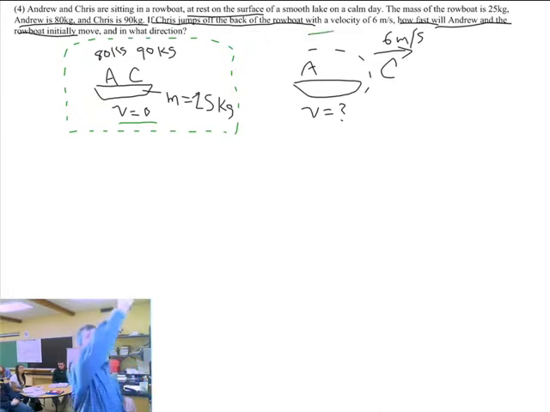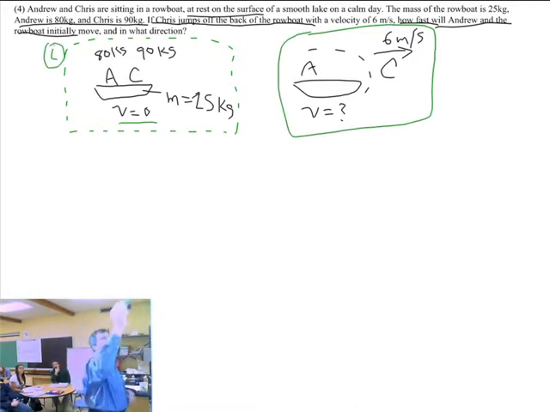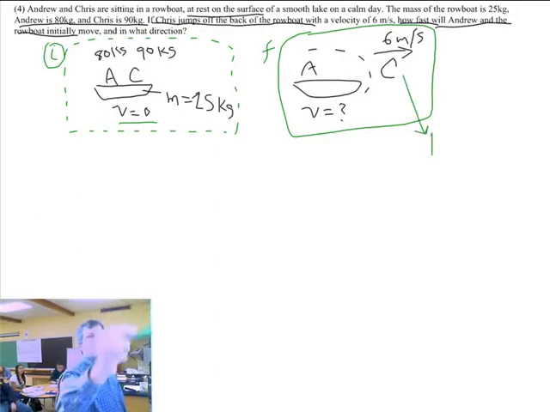So maybe this is going to work for an initial moment. Let's see what would happen if we call this the final moment. Well, since I know Chris's mass, I know I can find the final momentum of Chris. That's going to be a known quantity.